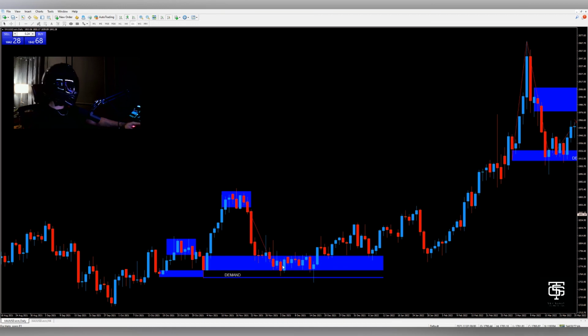And what we are looking for is a bullish engulfing. In this case, we have another one that closed as a bullish engulfing in the same zone. So this becomes a stronger demand zone because there are two overlapping setups there. Next, let's look at the next demand zone.